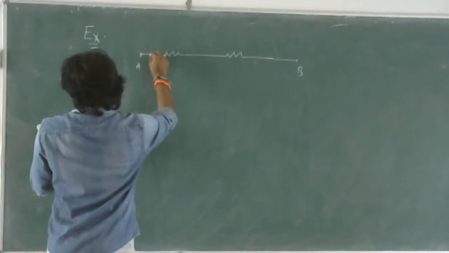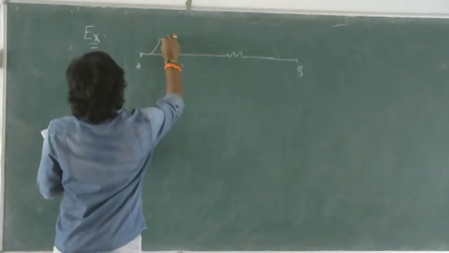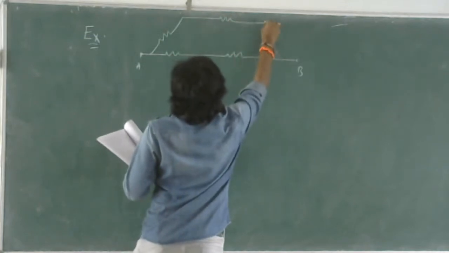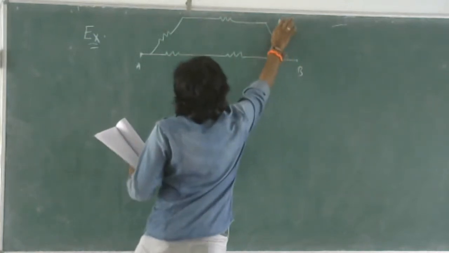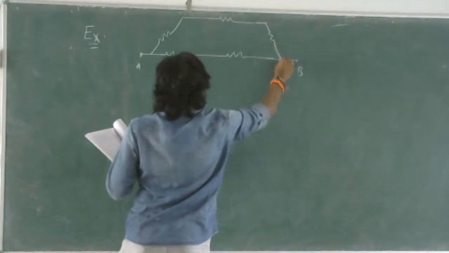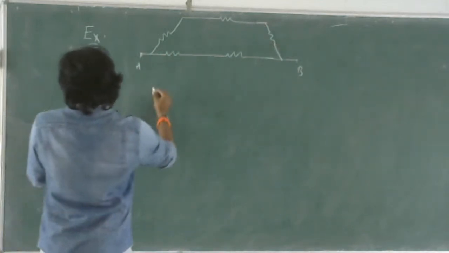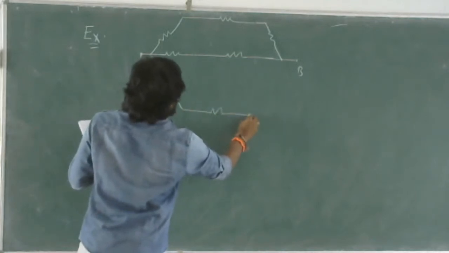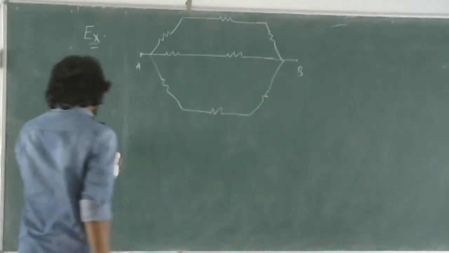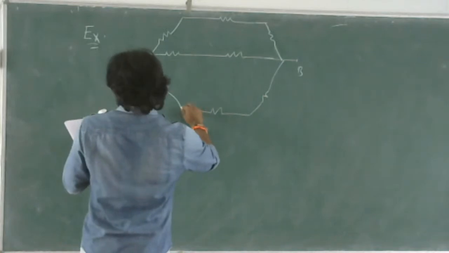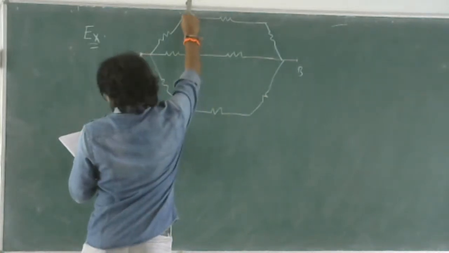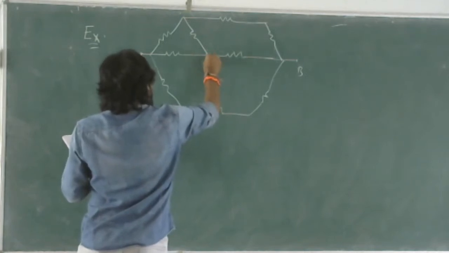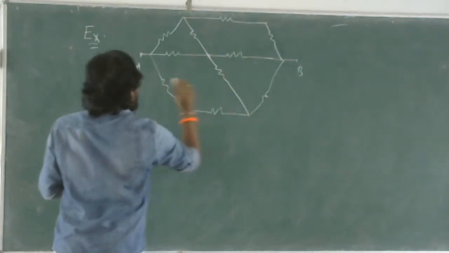From here there is a resistor connected, and here one more, and these two points are connected along with a resistor to B, and similarly there is another resistor here, one more, and here one more resistor is joined. Similarly along this diagonal one resistor here is joined here, and one more resistor here is joined here.